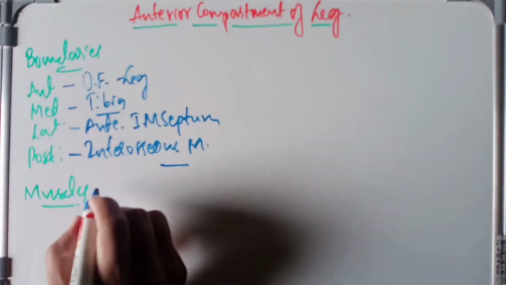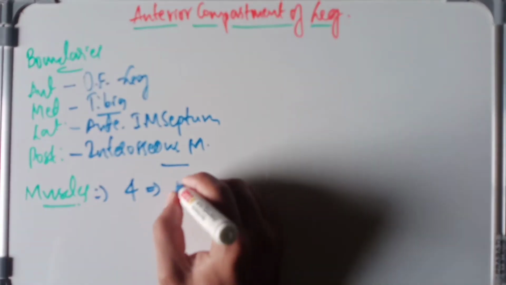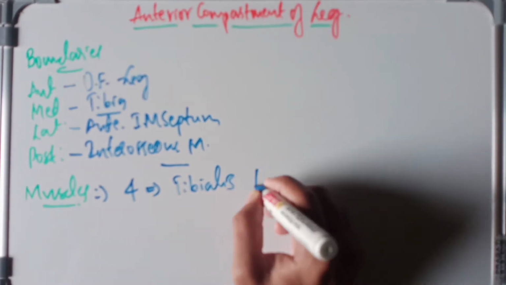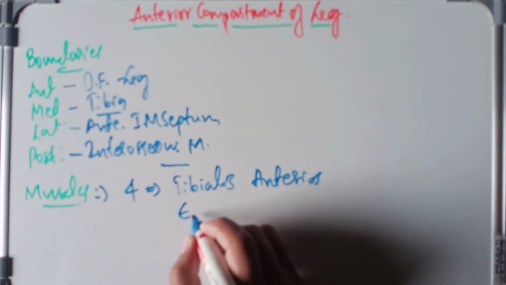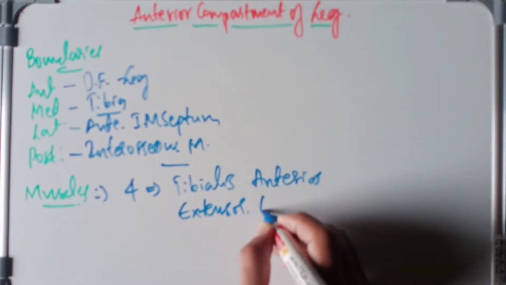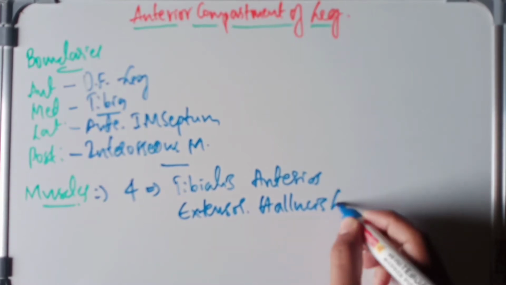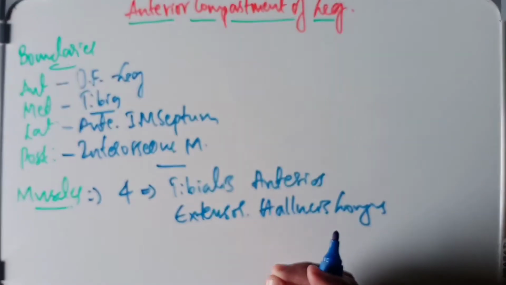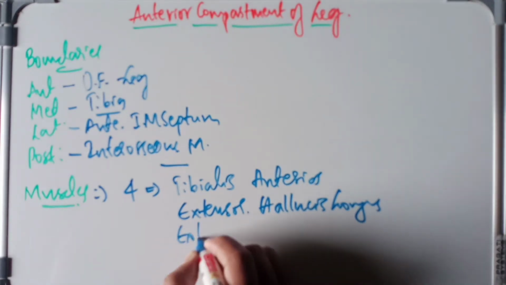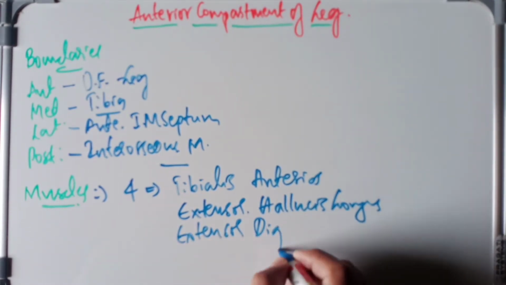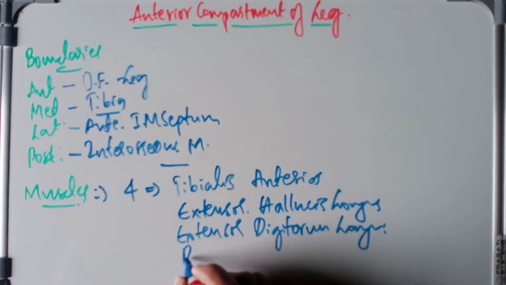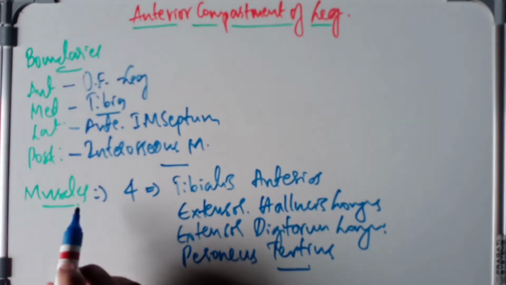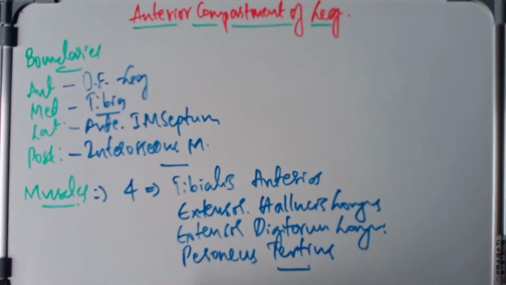We are going to find 4 muscles, which are the tibialis anterior, the extensor hallucis longus, the extensor digitorum longus, and finally one more muscle which is known as the peroneus tertius. So these are the 4 different muscles that you are going to find in the anterior compartment of the leg.